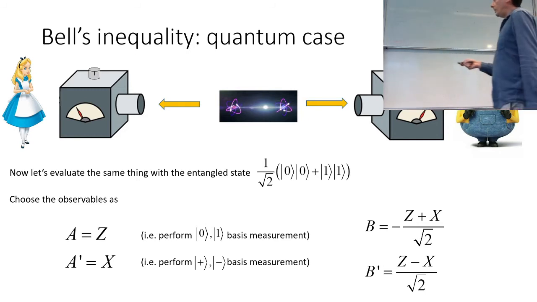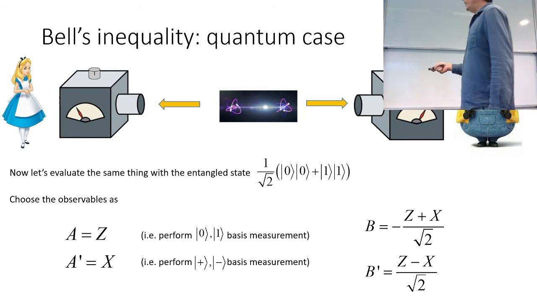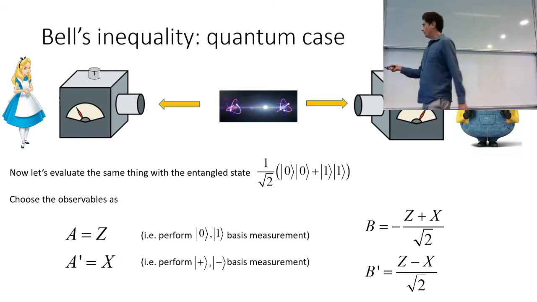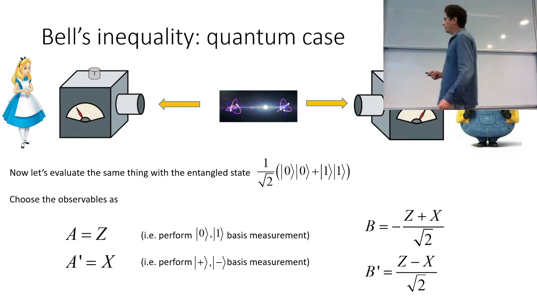When I say you measure this observable Z, that means to perform a basis measurement in the 0, 1 basis. And if the observable is X, then measure in the plus minus basis. So what these knobs are doing is basically changing the basis of the measurement that you're doing.